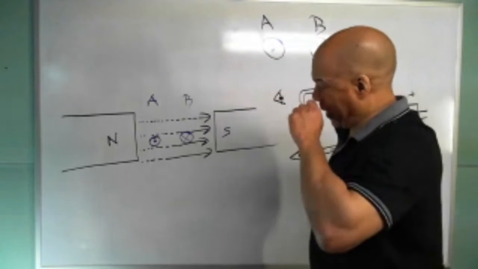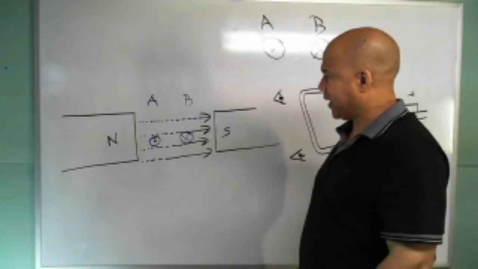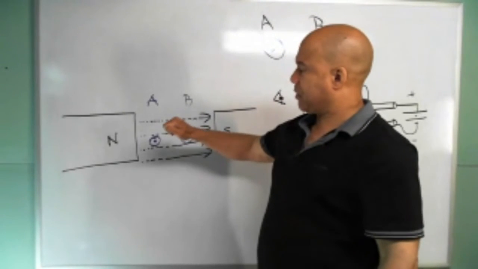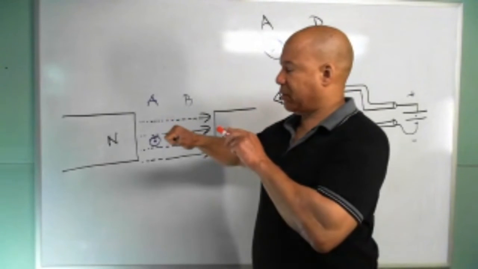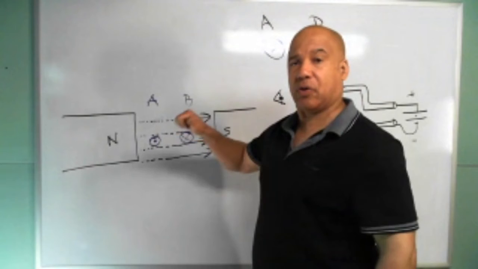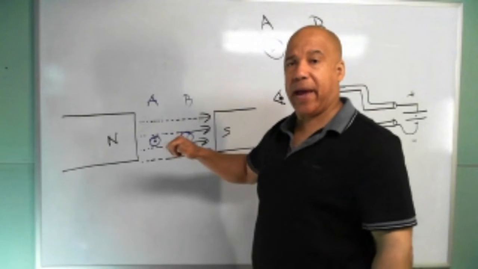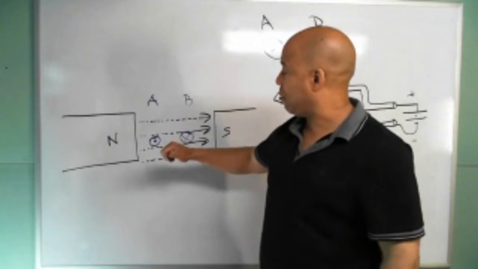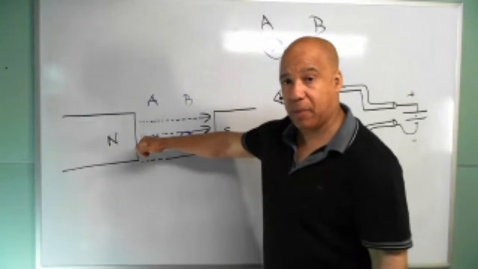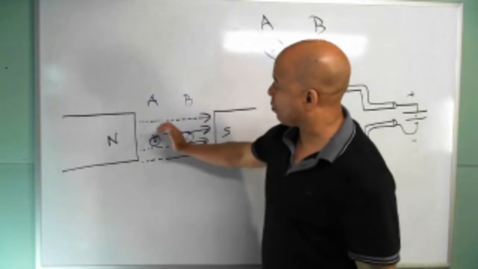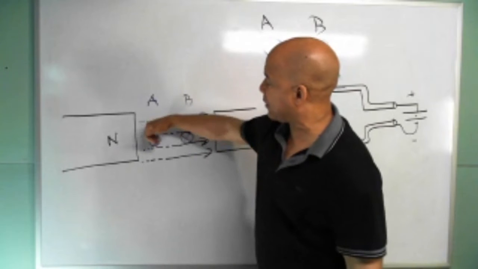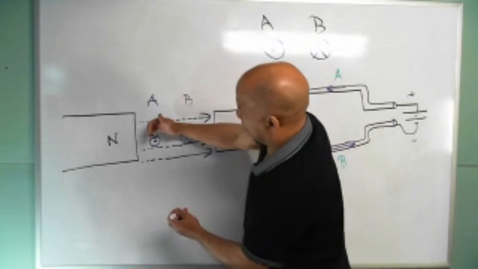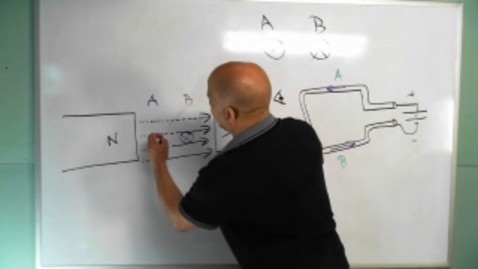So the way you think about that is you take your right hand, you put your thumb in the direction, your thumb always shows conventional current flow. You put your thumb in the direction of conventional current flow, which in conductor A is out of the board, coming toward you. And your fingers are going to wrap around the way that the flux arrows are spinning. So on the top, the flux is going like this.